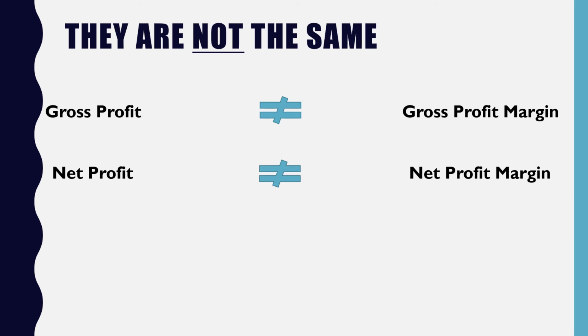In summary, gross profit is different to gross profit margin, and net profit is different to net profit margin. So gross profit and net profit measures profit, whereas gross profit margin and net profit margin are measures of profitability.